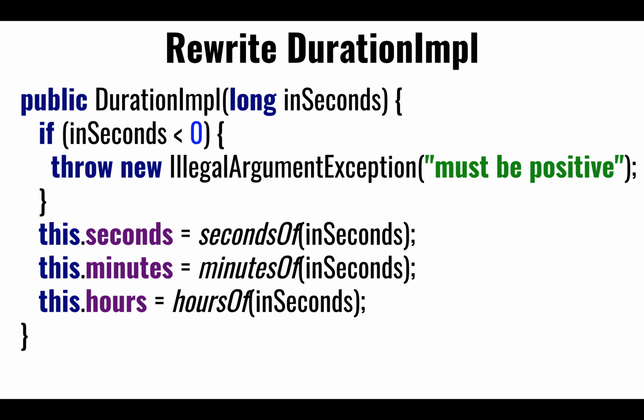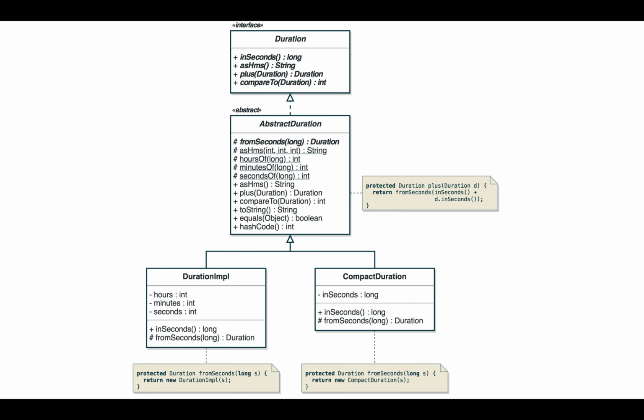Same thing with DurationImpl, where we were also doing some arithmetic in there. No longer do we have any duplication of the source code. Instead, now we're using the static versions of conversion of the in seconds, from this syntactic sugar convenience constructor, where we are passing in seconds and then converting them down to the constituent hours, minutes, and seconds. So we've removed the redundancy.